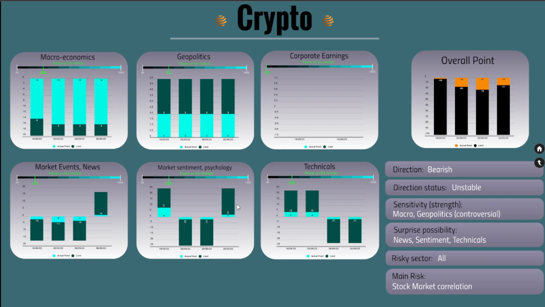That's okay. But because that's a long-term consolidation, I state the whole crypto market as a very, very risky sector. And the main risk on the market is the possibility that the market will somewhat correlate with the stock market negativity, and then it could turn down as well.